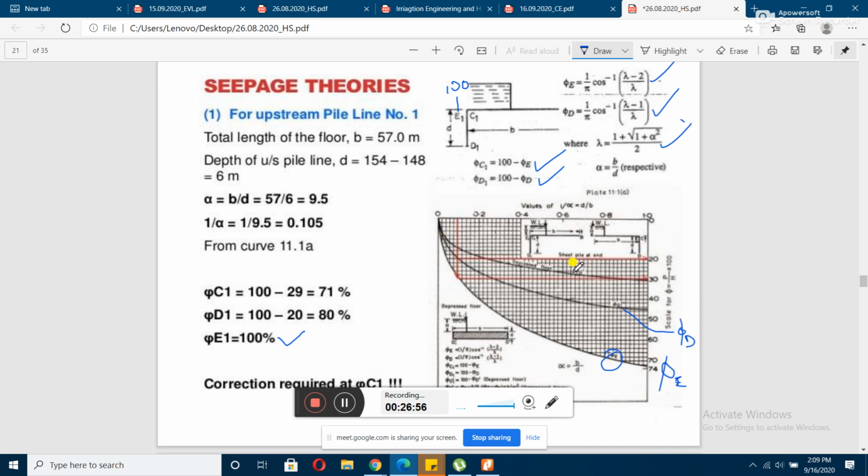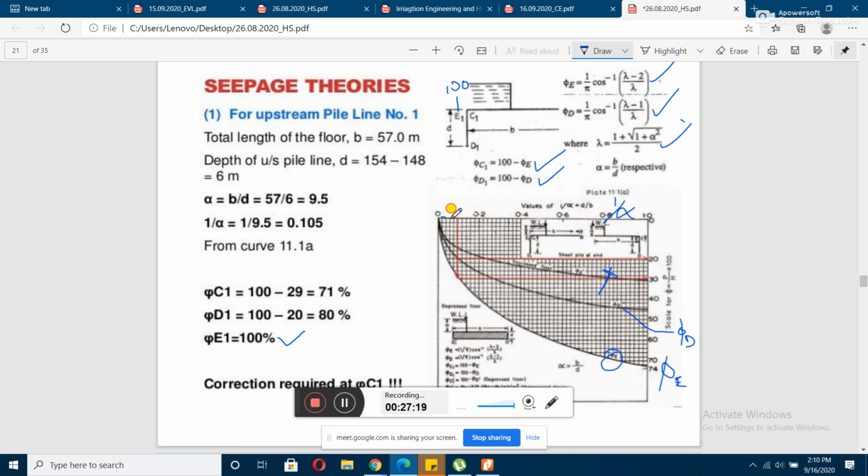Here you need not concentrate on this particular line, just cross it out. So this is the value of phi E and this is the value of phi D. This axis denotes your 1 by alpha value.